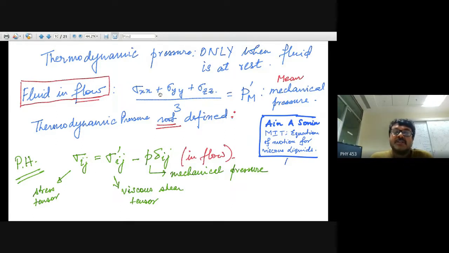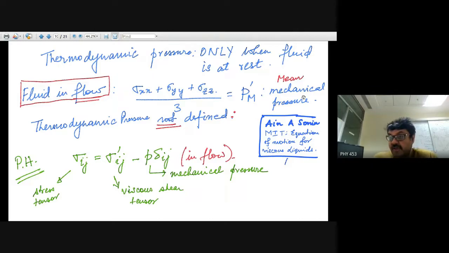So the book by Sonin, which is a very classic, there are lecture notes available on the internet from MIT. He defines sigma xx, remember, there's no dash here, this is the total one, plus sigma yy plus sigma zz, divided by 3, to be the mean mechanical pressure. So if you can measure the stress in the diagonal directions and average, that is the mean mechanical pressure.